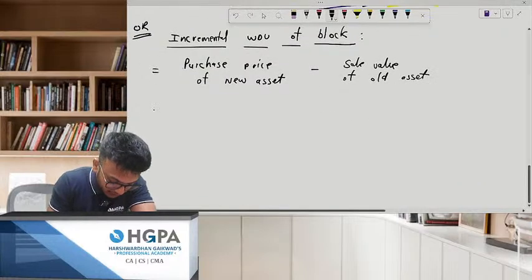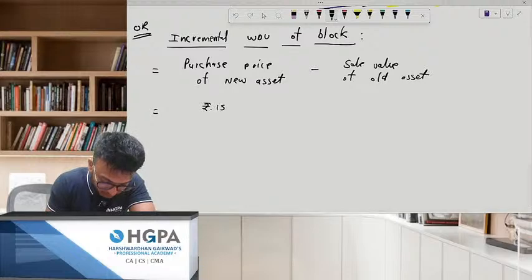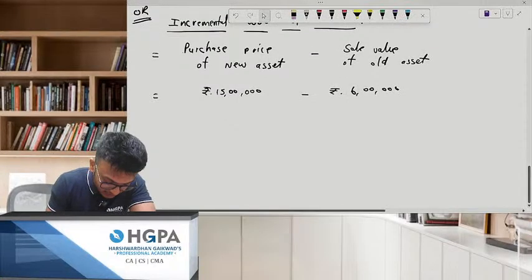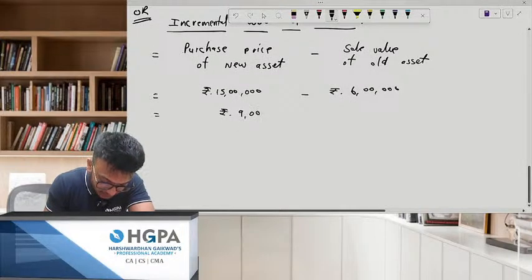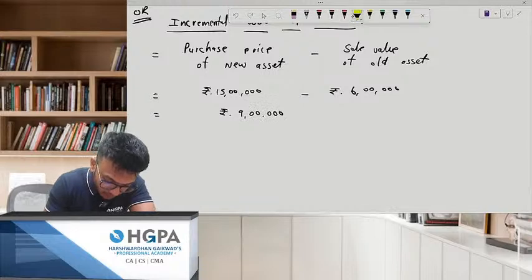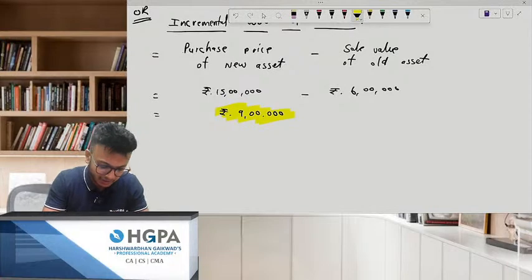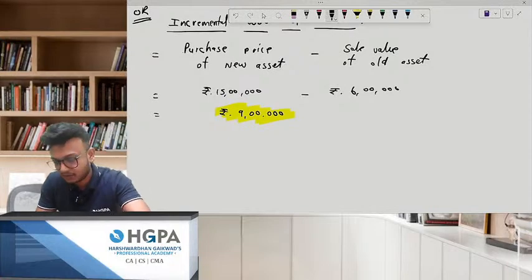Rupees 15 lakh minus rupees 6 lakhs. Next, rupees 9 lakhs. Got it? Simple. We can do this directly. No need to do any other stuff.